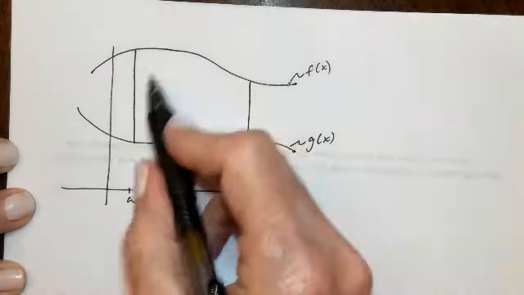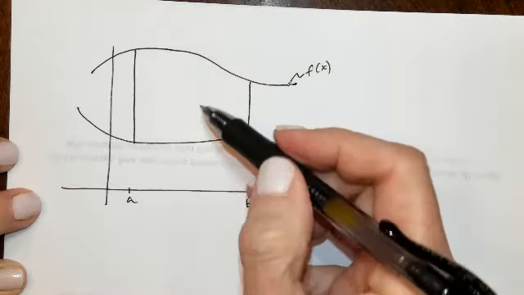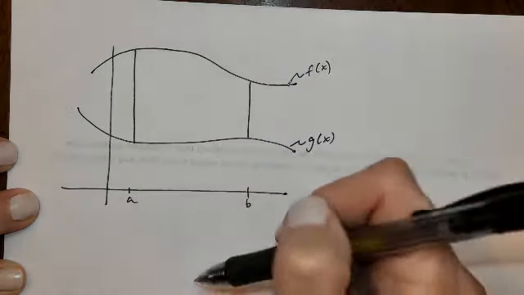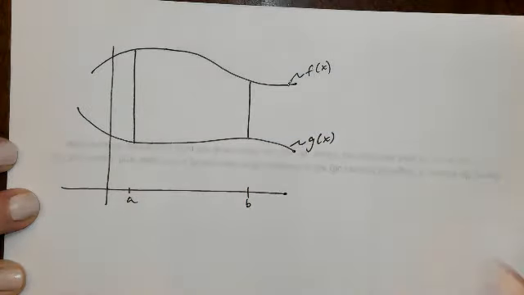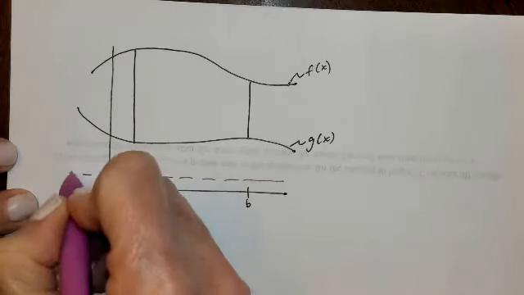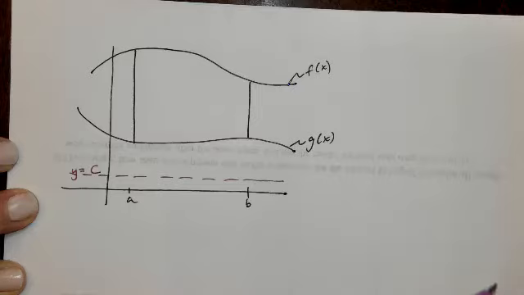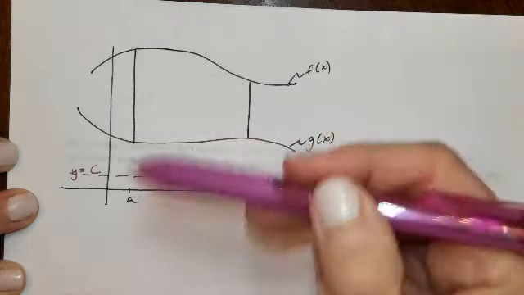So let's say that this is our region, and we're going to take that region and revolve it around some horizontal axis first. So I'm going to call that horizontal axis y equals, let's say, c. We're revolving it around y equals c.